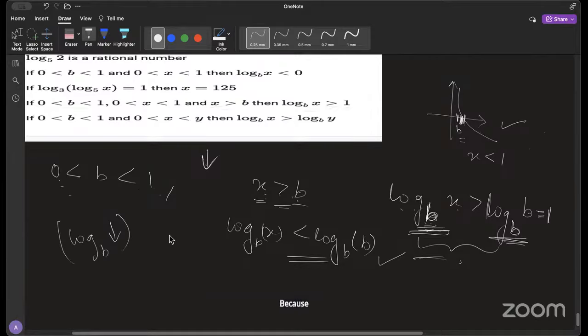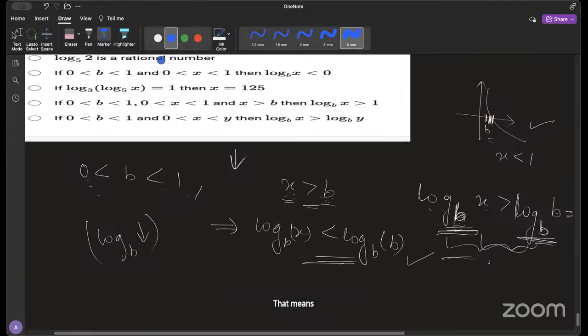That means if your x, and this is given to you, x is greater than b, and log base b is a decreasing function, that means this should be true, right? But your option suggests the opposite. That means this one should be incorrect.